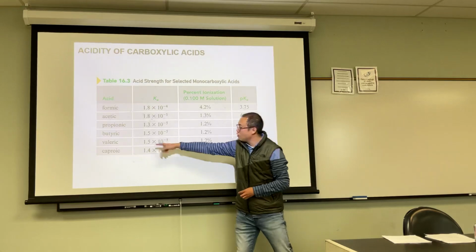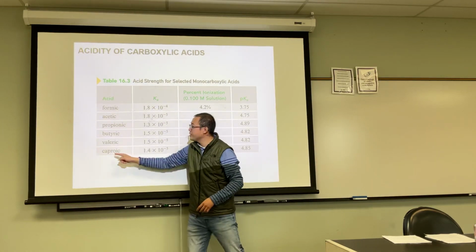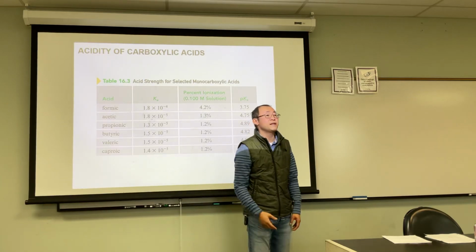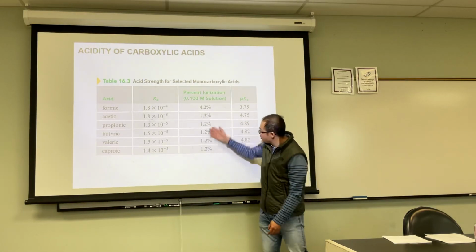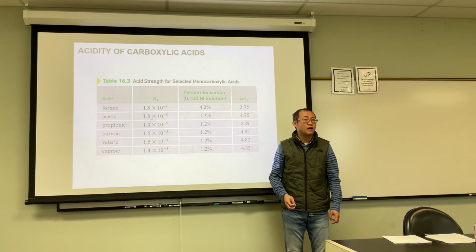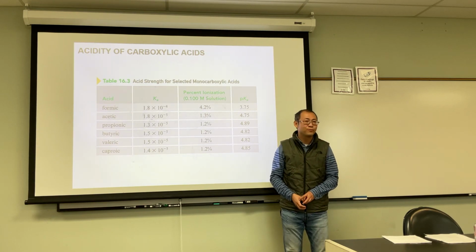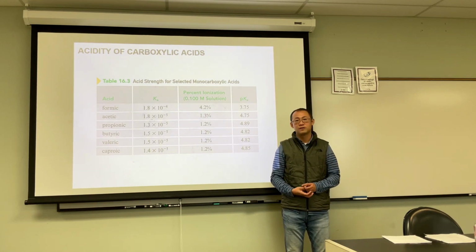Okay, you can see that these are the percentages of different acids. These are all common names, carbon number 1 all the way to carbon number 6. Again, these are all common names. You can see their percentage is only less than 5%, telling us what? They are weak acids. That's where the word weak comes from.